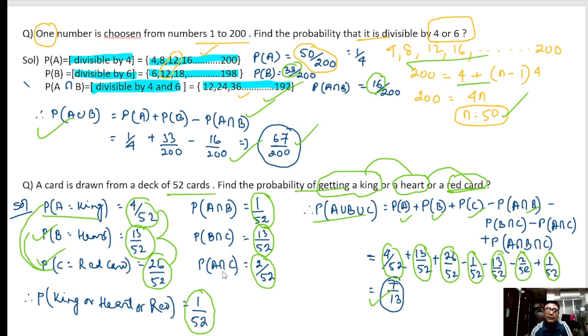So you have to find the common between any two of them and the common between all 3. If there are 3 jobs to be done, you have to find all of these, whatever is highlighted here, and then put them in the formula.